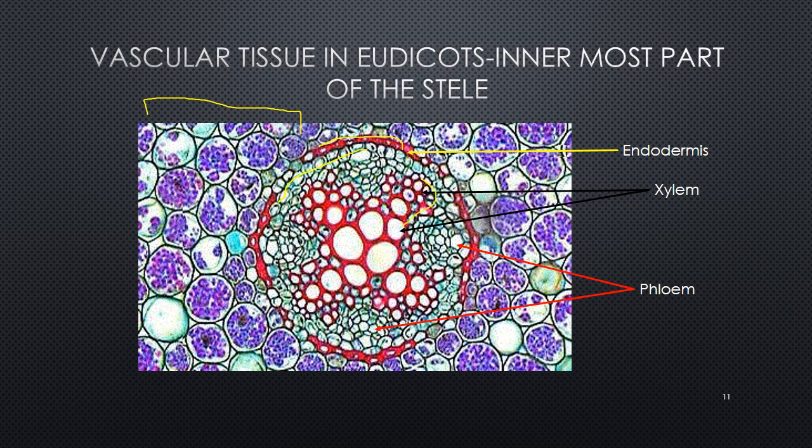So all this red here is the xylem tissue at the very center. And then this section here, this is the phloem that goes pretty much in between the xylem branches. Okay, so that's what it looks like in a eudicot root.